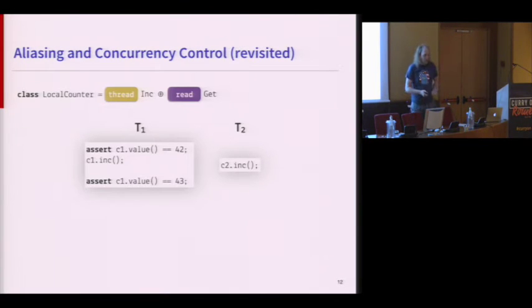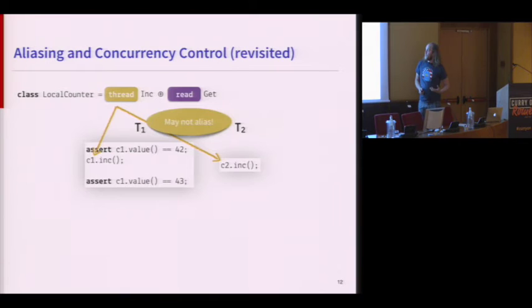So going back to our example with the counter, we could build a thread local counter by composing the increment capability with the thread mode and the get trait with the read mode. And this way we know that these two counters cannot alias because we've said that the local counter is a thread local thing.